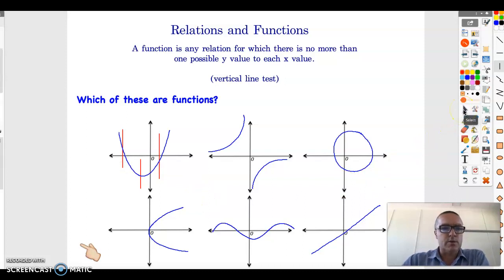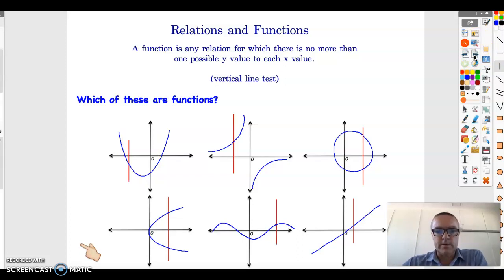So I'm going to get you to pause the video and do a quick sketch of those graphs and use a vertical line test to find out which of those relations are actually functions. Okay, so looking at some vertical lines here, we can see for many of the graphs there's only one possible intersection.